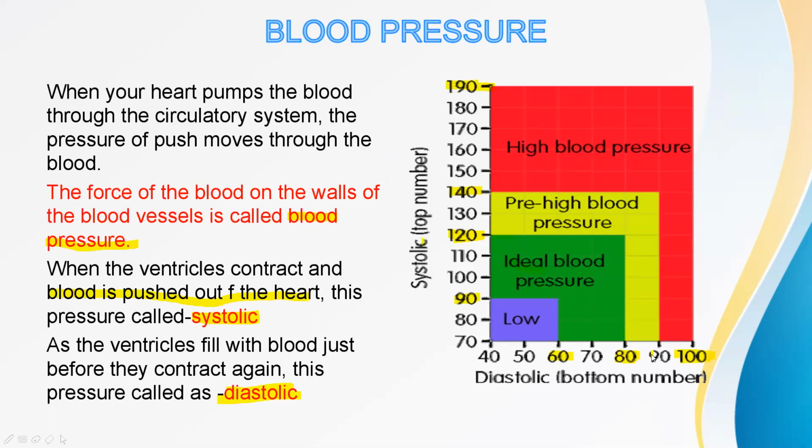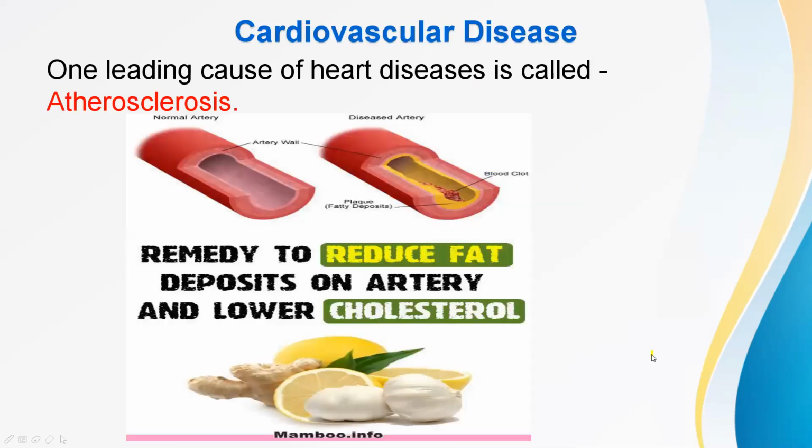Now let me finish with cardiovascular diseases. There are three cardiovascular diseases. One is atherosclerosis, one of the leading causes of heart disease. Atherosclerosis is caused when fats are deposited inside the blood vessel, so the space gets closed by these fats.